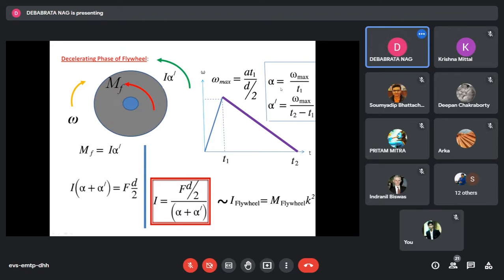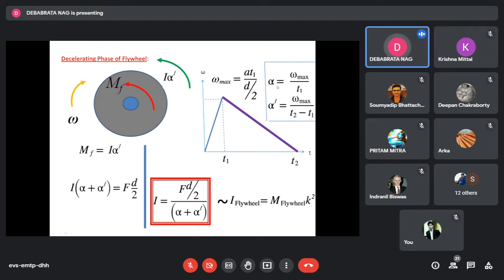to write these simple things. Alpha equals omega max by t1. Alpha dash is equal to omega max divided by t2 minus t1. These are nothing but the slopes of these two lines. The angular acceleration is nothing but the slope of the angular velocity versus time graph. Correct. So since these two are straight lines, their slopes must be constant. It's not the same. Rather, this will have some slope and this will have some other slope.